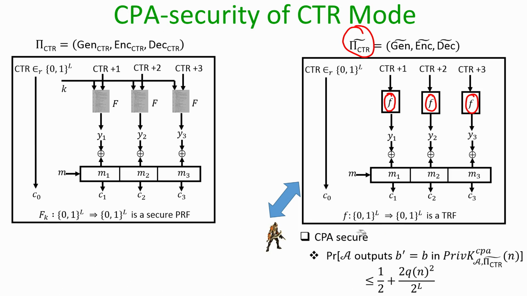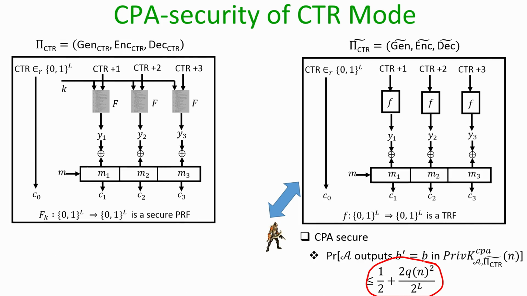Now, what we are going to prove next is that if we consider this variant of the counter mode of operation based on a truly random function, and any arbitrary polytime adversary participating in an instance of the CPA indistinguishability game and making a total of q(n) encryption oracle queries, then the probability with which that adversary can win the CPA game is upper bounded by this quantity.